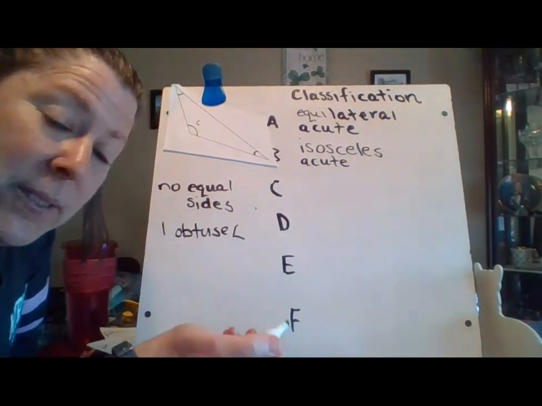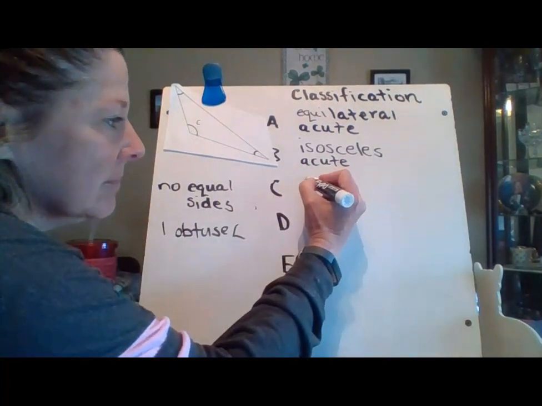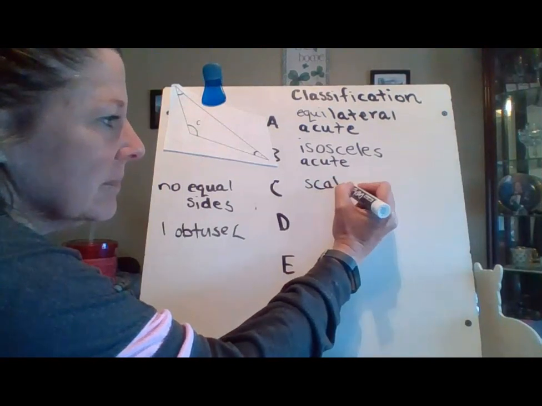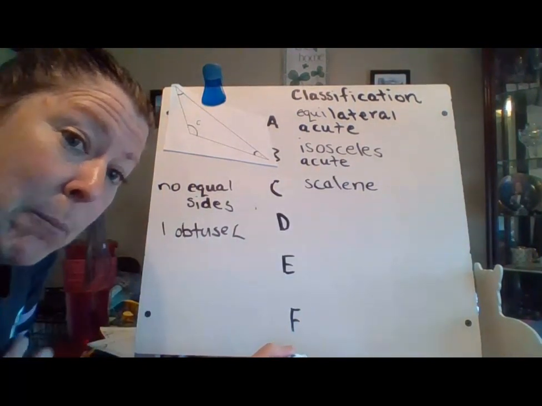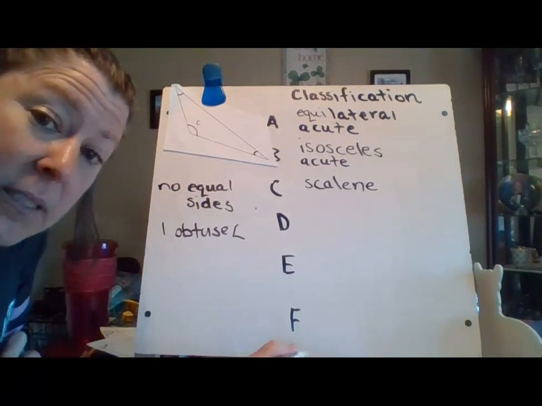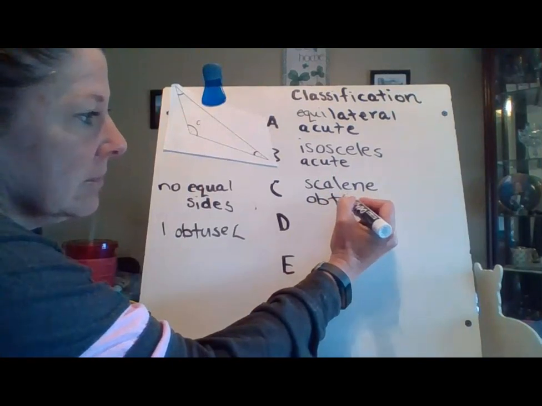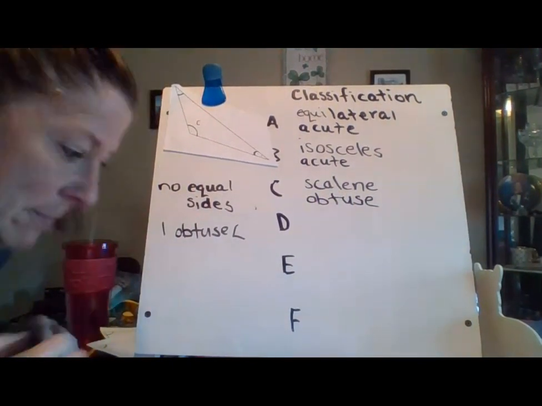So if there's no equal sides, that means it's scalene. I know that's a weird word. And if there's one obtuse angle, then it means it's an obtuse triangle. All right, moving to letter D.